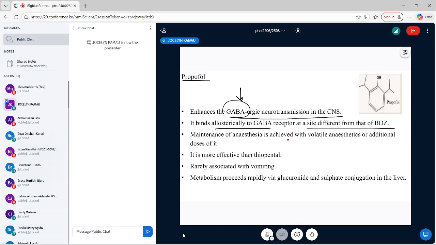Maintenance of anesthesia is achieved with volatile anesthetics or additional doses of it. So we are saying you can't just give it fast. Remember, you can induce. We did mention the intravenous general anesthetics are used for induction.